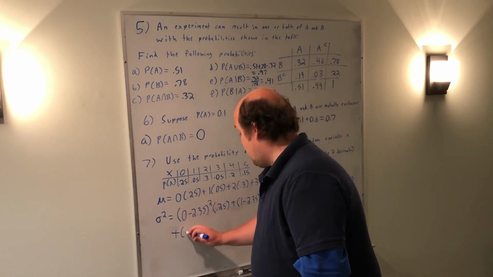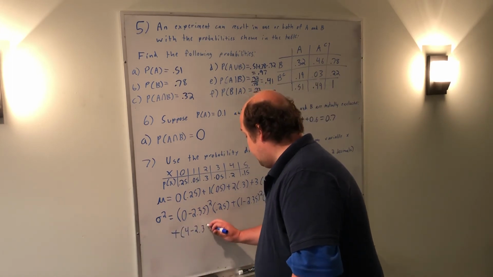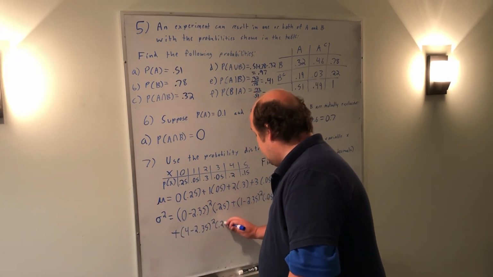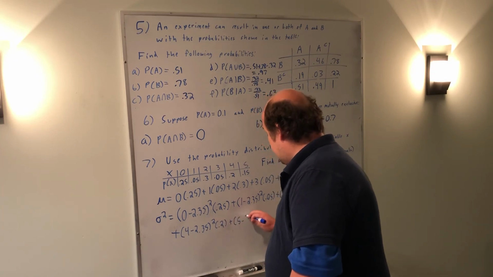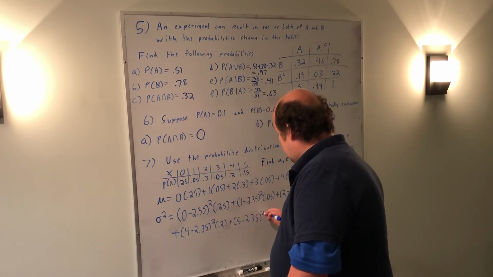So continuing on, I have 4 minus 2.35 squared times 0.2, and I have 5 minus 2.35 squared times 0.15.